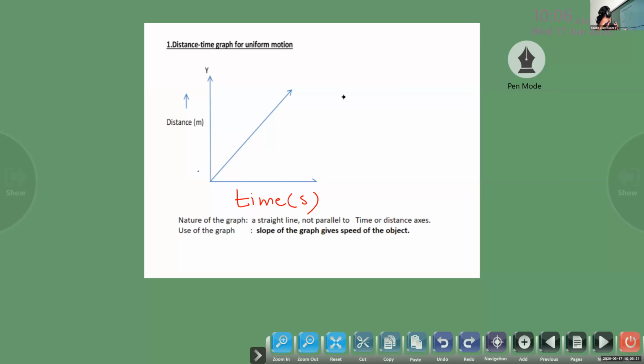For example, in 1 second the object covered 10, then in 2 seconds it covered 20. Look at the equal spacing: every 1 second, the object covered 10 meters. That is how we plot the graph, a straight line not parallel to the time axis or x-axis. So this is how you identify uniform motion.